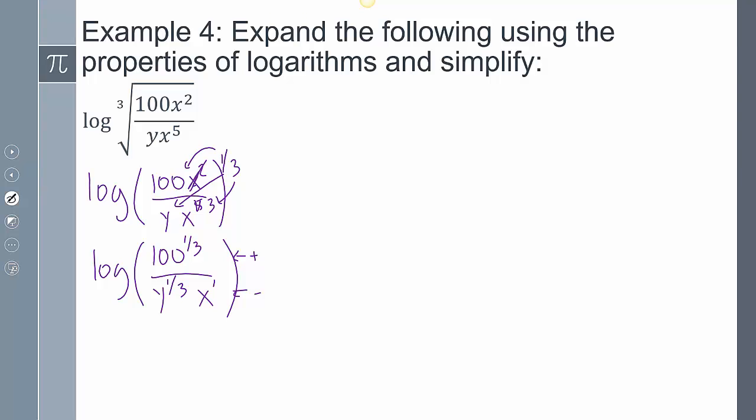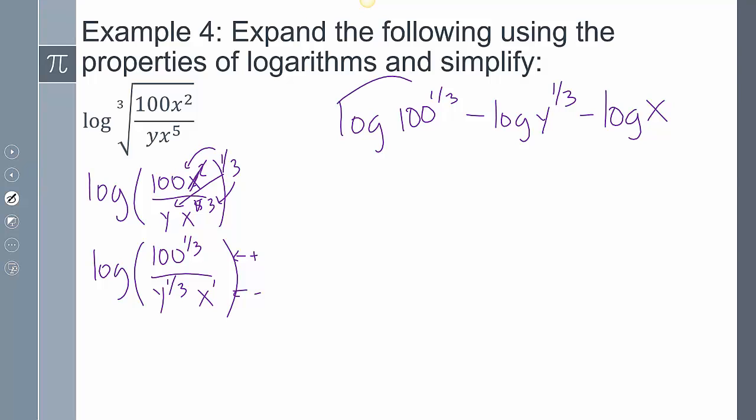So there's 3 logs. So I'm going to have log 100 to the 1/3 minus log y to the 1/3 minus log x. Well, now I can move the exponents to the front. So I get 1/3 log 100 minus 1/3 log y minus log x.